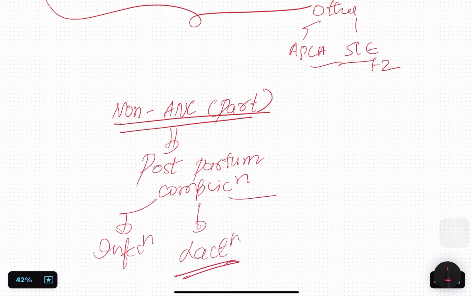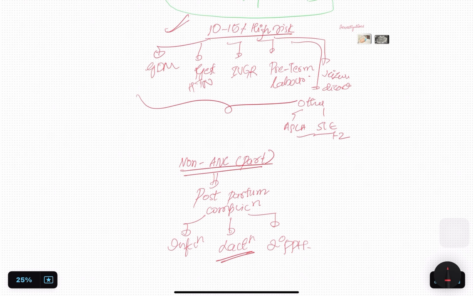Okay, then secondary to PPH for follow-up. Missed abortion, ectopic pregnancies and molar pregnancies can also be included, but I consider them to be under ANC as such. Okay, this is something which you should know. So this is almost 5%.